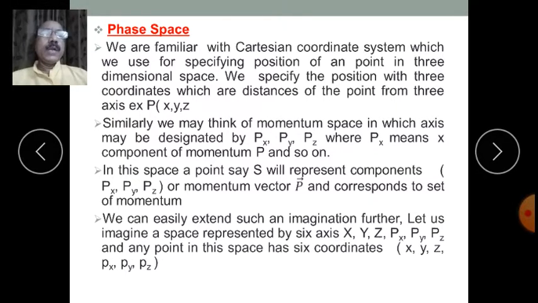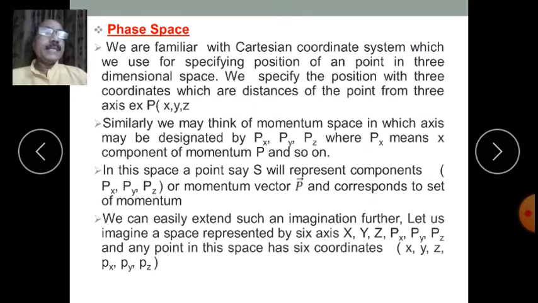So now we can easily extend such an idea further. Let us imagine a six-dimensional space having six axes, x, y, and z, px, py, and pz, perpendicular to each other. And any point in this space has six coordinates.